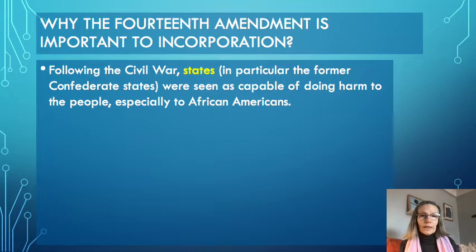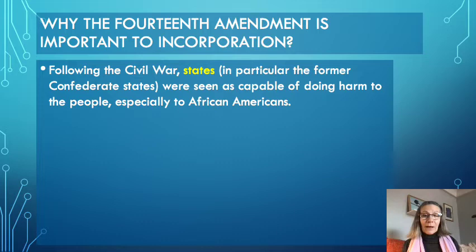And so following the Civil War, it was states, and in particular the former Confederate states, that were seen as capable of doing harm to the people that live in the states, especially harm to African Americans who were former slaves within the Confederate states. And so, coming out of the Civil War, and keep in mind, if you've taken any history classes, you have these radical Republicans.